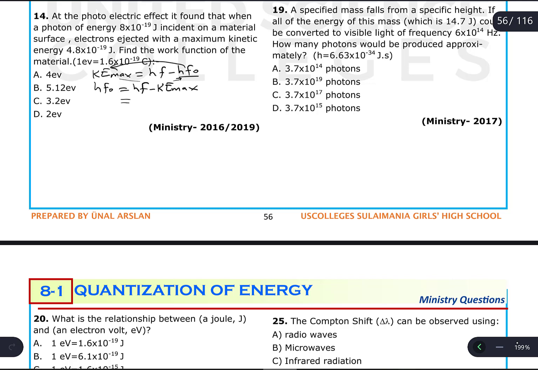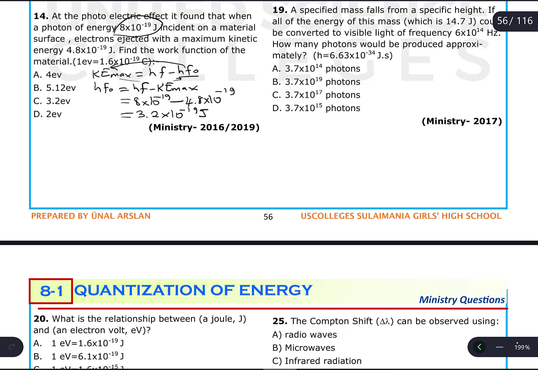So for the work function, hf, the energy of the photon, is given directly, so we don't need to calculate it. Just write 8 times 10 to the power of negative 19 minus the kinetic energy of the photoelectrons, 4.8 times 10 to the power of negative 19. So the result is 3.2 times 10 to the power of negative 19 joule.